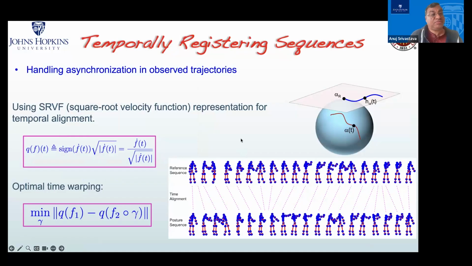Anuj, can I ask a follow-up question? It's very interesting because in development, we always have this problem of the timing of embryos that do the same thing, but they might develop at a slightly different rate, and the differences are kind of subtle. So in this example that you show of the people jumping, the movement is dramatic with respect to the shape of the overall mesh that you have.